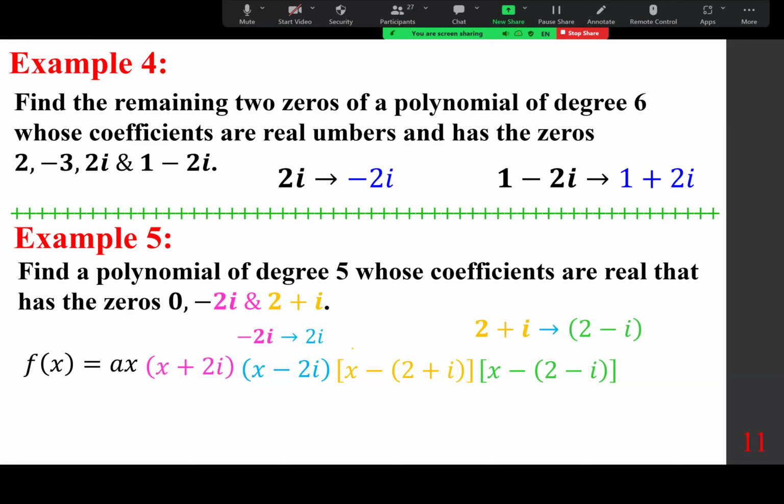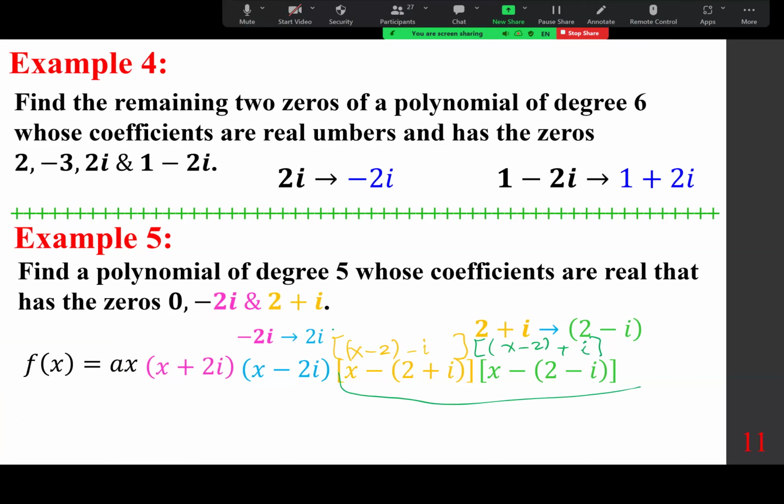Let me grab a different color here. You should do x minus 2 minus i here. And let me use a different color. Over here, you would do x minus 2 plus i.